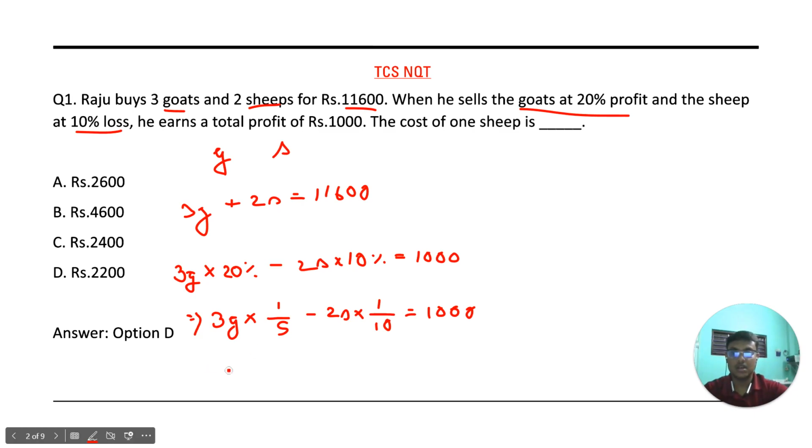question. So taking the LCM, we have 6G minus 2S is equal to, this 10 is the LCM and then it gets cross multiplied. This is our equation 2 and that is our equation 1.